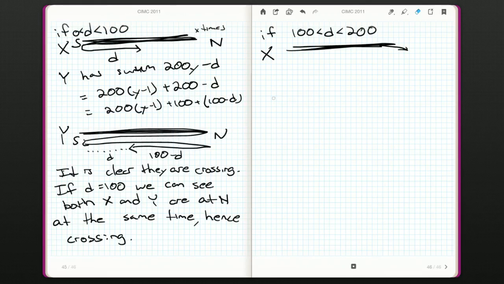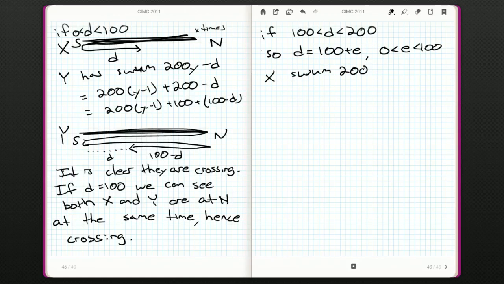Actually, you know what? Before we draw this diagram, let's make a variable substitution. We can rewrite d as 100 plus e. So we can more easily see that he is going 200x plus 100, and he's coming back from N a distance e.